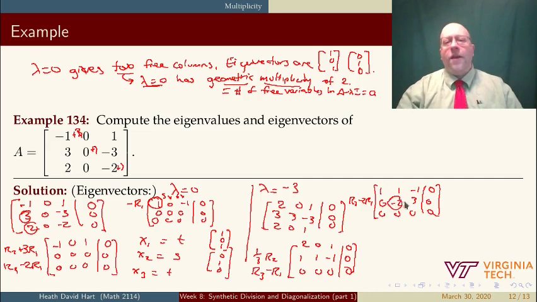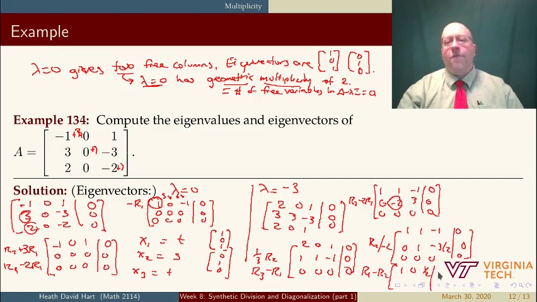Now I'll get a 1 here, and then use it to clear out this 1 over here. Math is going to get a little bit messy, not by too much. Row 2 divide by -2 gives me 0, 1, -3 halves, 0. And then row 1 minus row 2 gives me 1, 0, -1 minus -3 halves is +1 half.